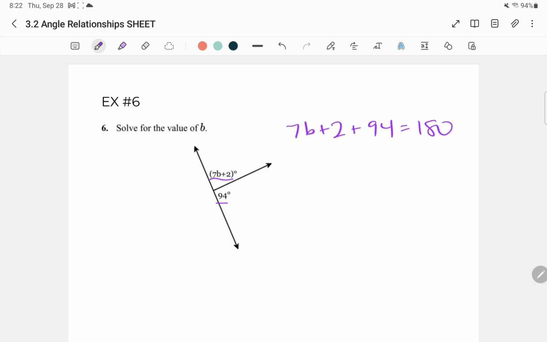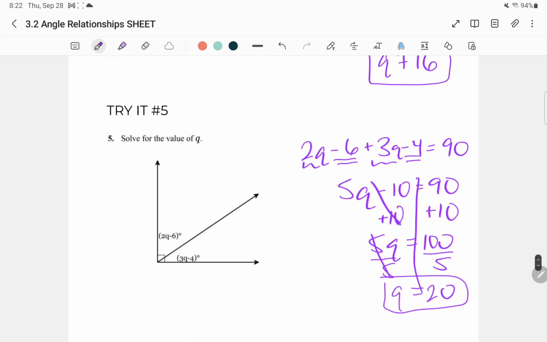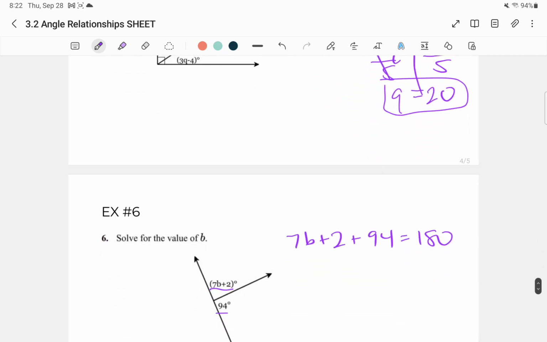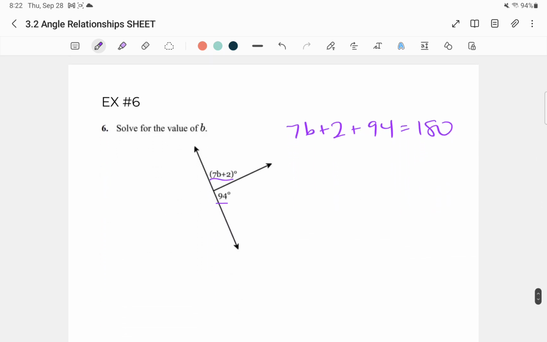Whenever you have a variable and two numbers, like up here, you have to combine like terms before you can draw your line. So I'm going to add 2 and 94. Those are my like terms, to get 96. That's equal to 180. And now I can draw my line.